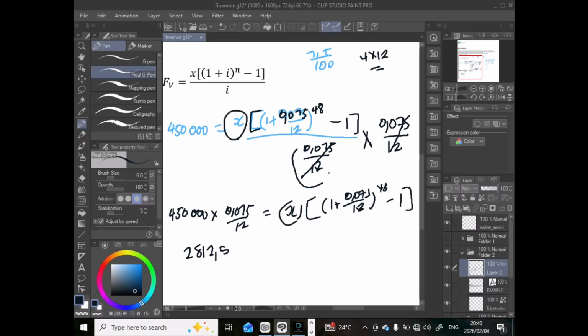So remember, what we have is basically something like this: 5 equals x times 2. So what do we do if we were doing algebra here? We divide both sides by 2 so that we'll be left with x on this side. That is the same thing that we are doing here.